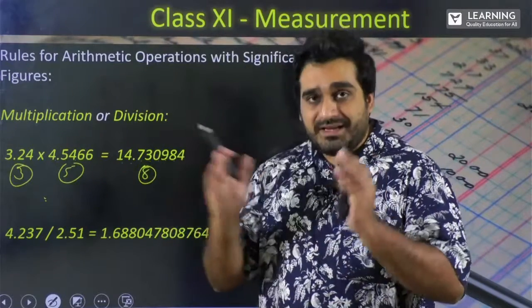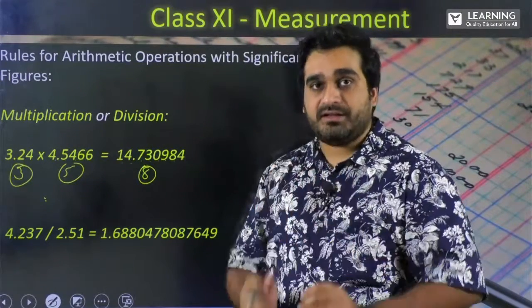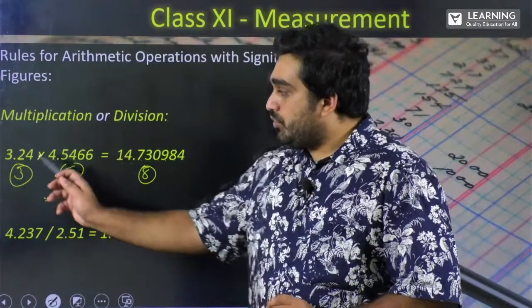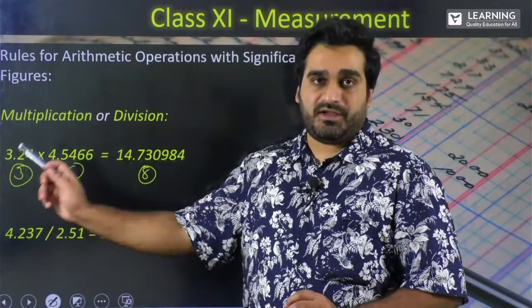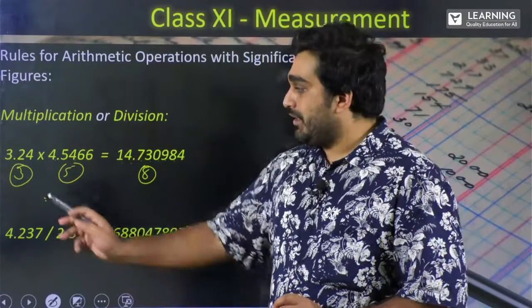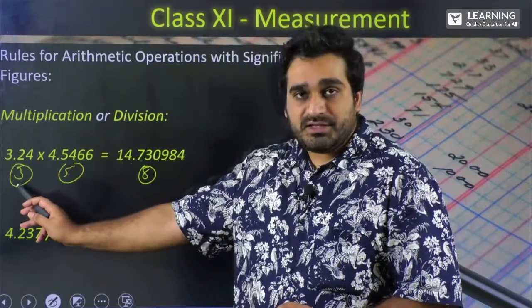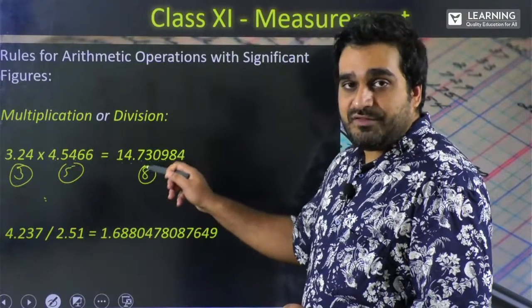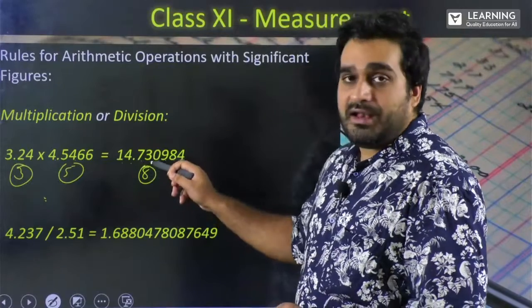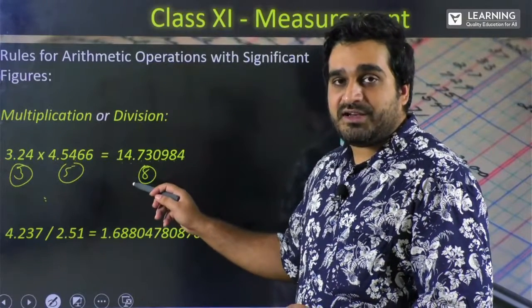So I have to bring down the precision to a practical limit. What we do is choose the lowest significant figures for a multiplication. The lowest is 3. So we have to put 3 significant figures to this. And how do you change this to 3 significant figures?